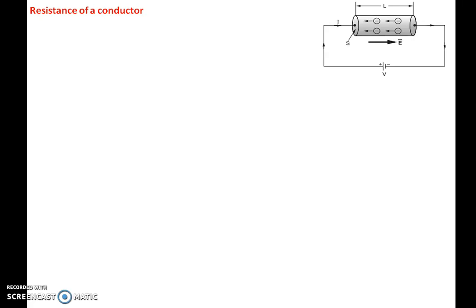Now, we know that the expression for electric field intensity due to a point charge is Q by 4 pi epsilon naught into R square.